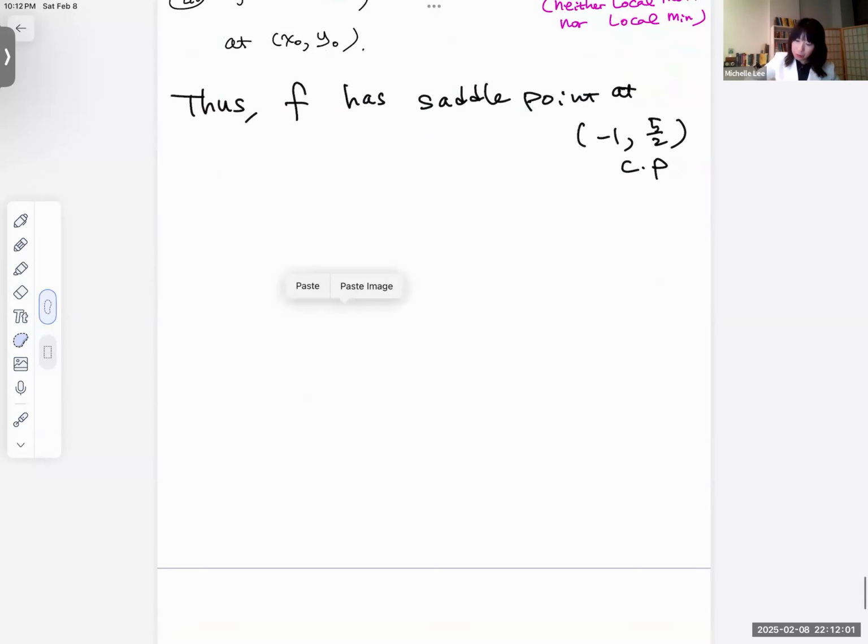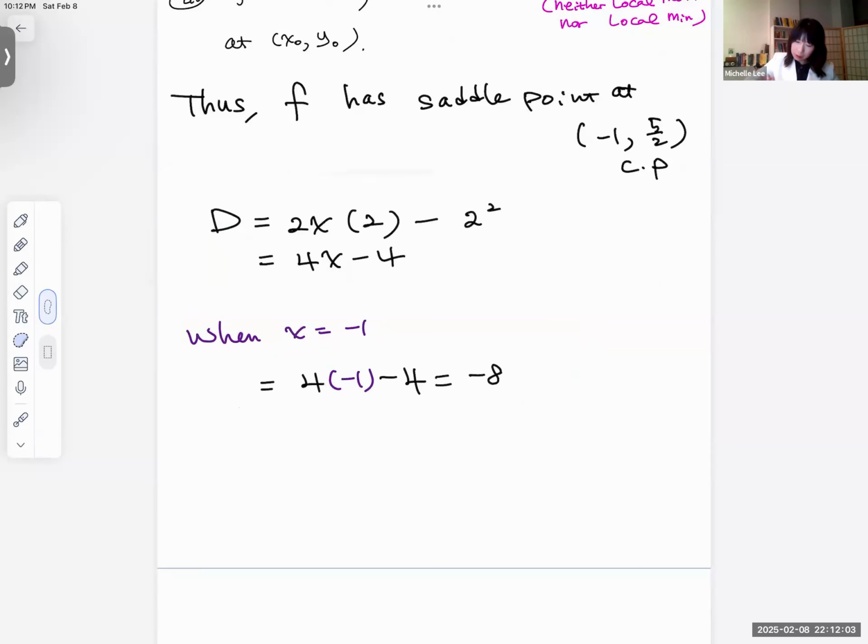When x equal to 3, right? We have, when x equal to 3, so 3, then we get +8.